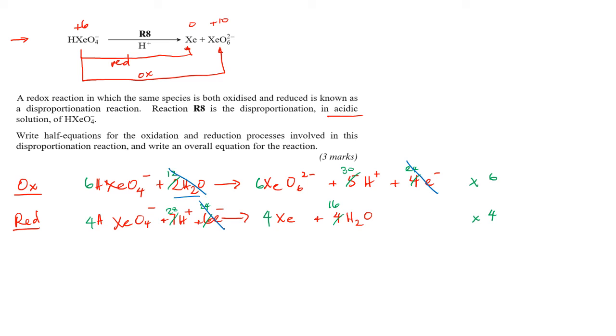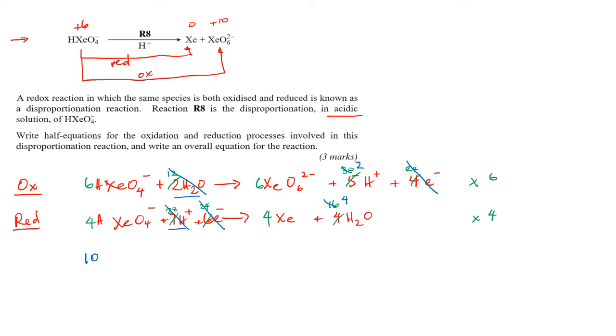So all of those can cancel, and that 16 turns into 4. That's sorted our waters out. We can also cancel some hydrogens. We've got 28 in the reduction reaction on the left-hand side, but we've got 30 in the oxidation reaction on the right-hand side. So all of those hydrogen ions can cancel, and that 30 turns into a 2. And now we have the equation such that we can add it together.